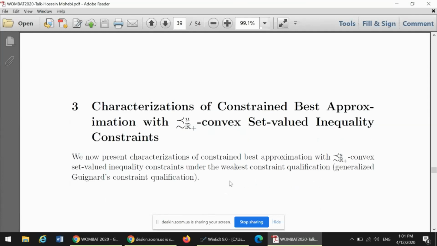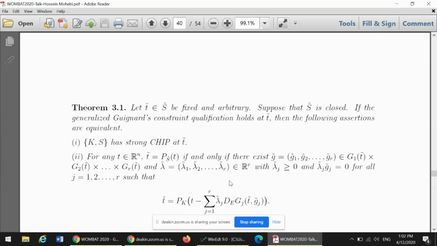We now give a characterization of constrained best approximation whenever the constraint set is convex with respect to the upper set less order relation. The first result is the perturbation property. In fact, we characterize the perturbation property of the best approximation. Suppose that S tilde is closed.